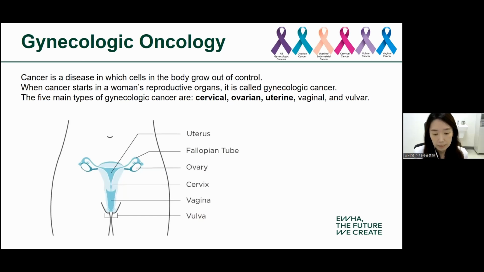Each gynecologic cancer is unique, with different signs and symptoms, different risk factors, and different prevention strategies. All women are at risk for gynecologic cancers, and risk increases with age. When gynecologic cancers are found early, treatment is more effective, as is the same for all cancers.